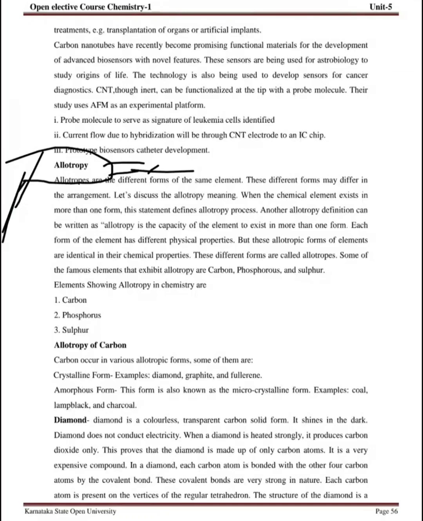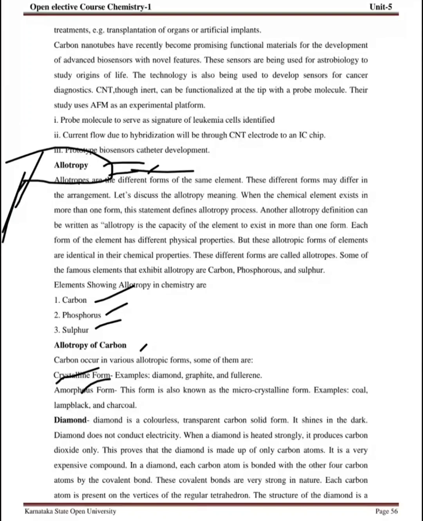Some of the allotropies in chemistry are carbon, phosphorus, and sulfur. These are the three elements showing allotropy. And coming to carbon, allotropy of carbon occurs in various forms such as crystalline form and amorphous form.